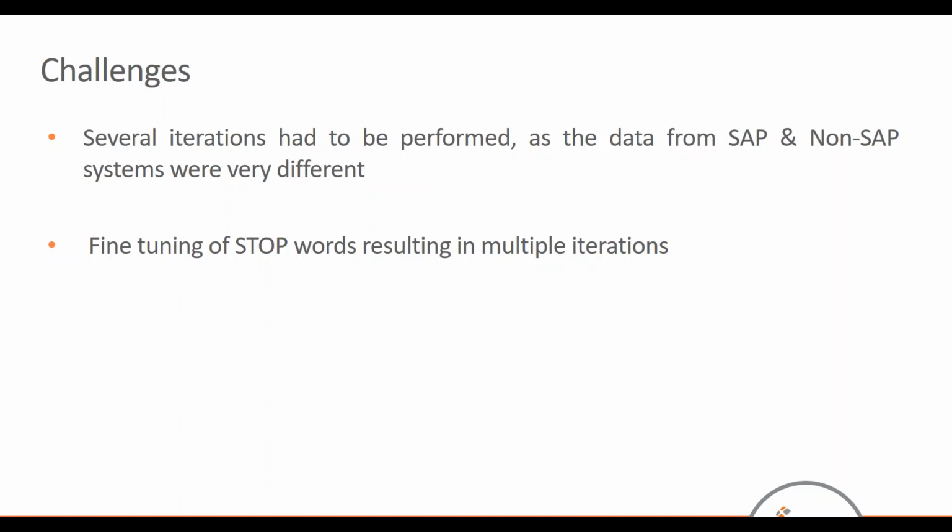So once we overcame that challenge, the other unique thing we found was that the GTS system was fed with two different sets of data. One data from the SAP ERP system or SAP ECC instances, and the other data was fed from non-SAP ERP instances. So these two data were quite different.